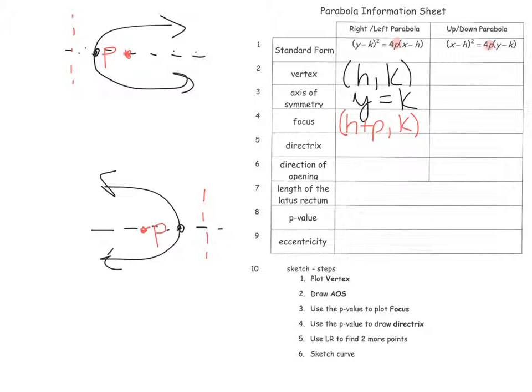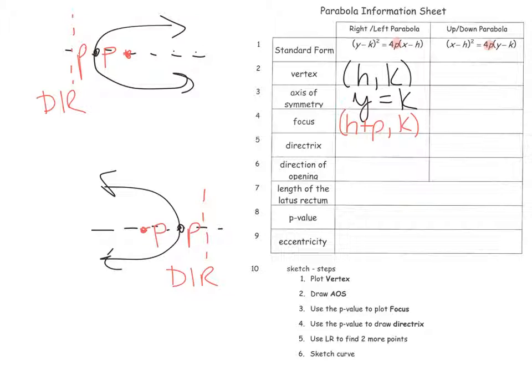The directrix, there is this line that runs behind the parabola here. That's called the directrix. And that line is also p units away from the vertex. So you've got the vertex. If you go p units right, let's say, you get to the focus. If you go p units left, you go to the directrix. Now, if it opens left, if you go left p units, you get to the focus.